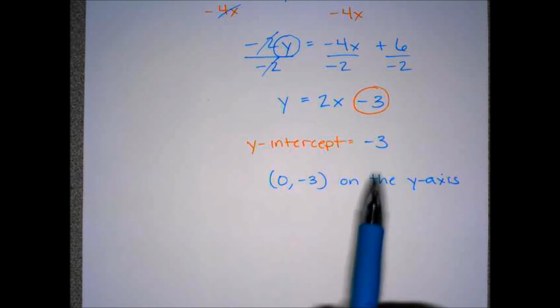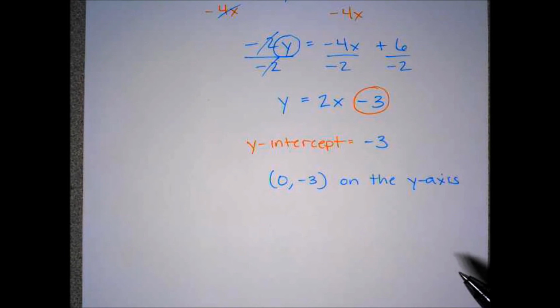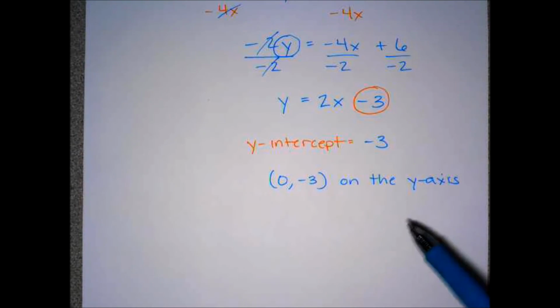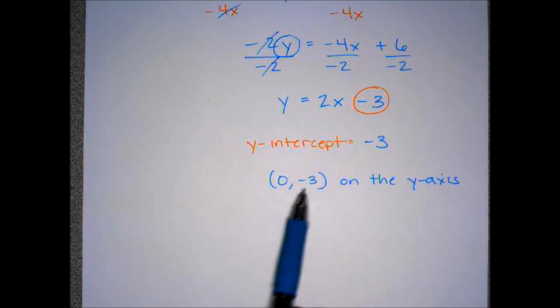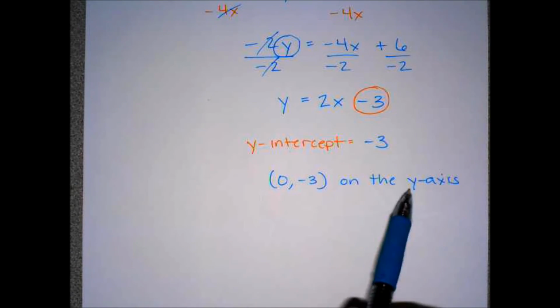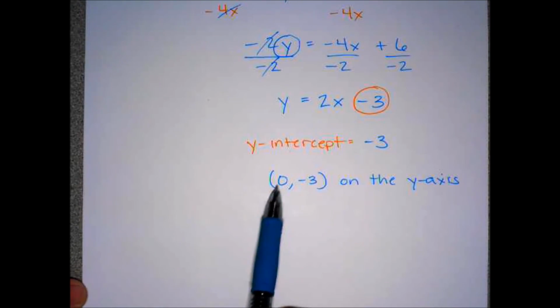It's where the y-axis is like a net, and imagine that this line is going through that net. It wants to know at what point the axis catches the line. So 0, -3, the y-axis being straight up and down is right when x equals 0. So that's why it's 0, -3.